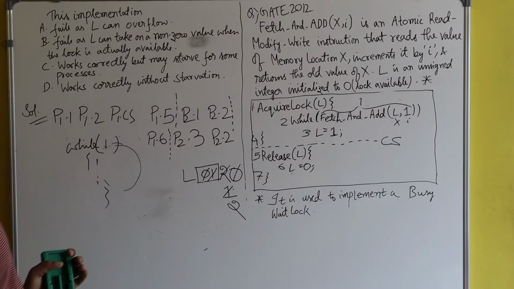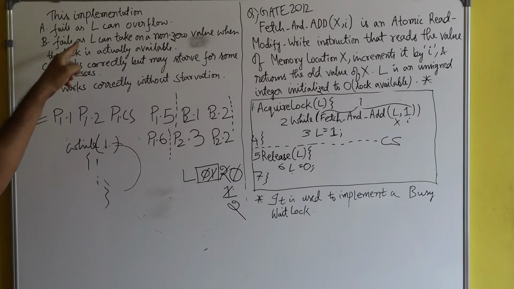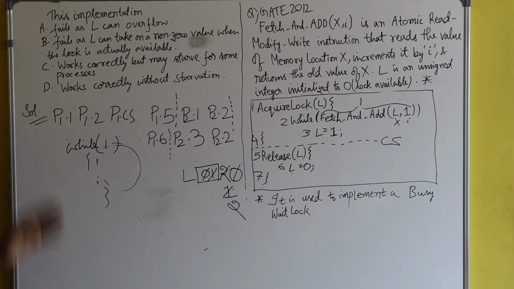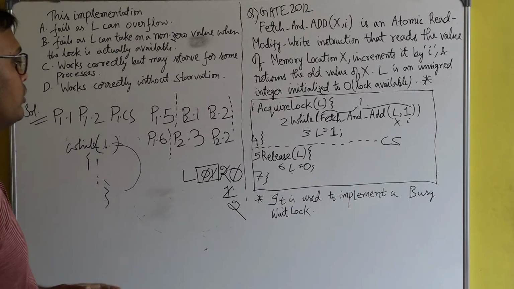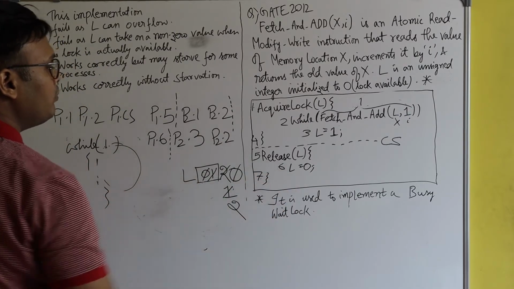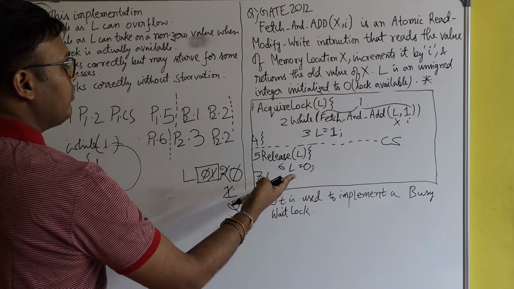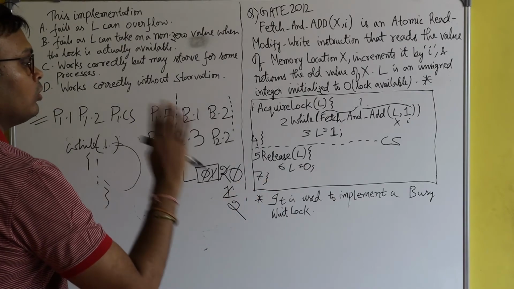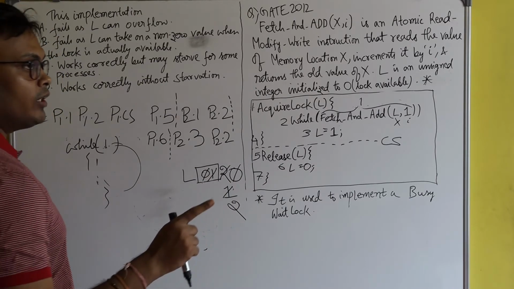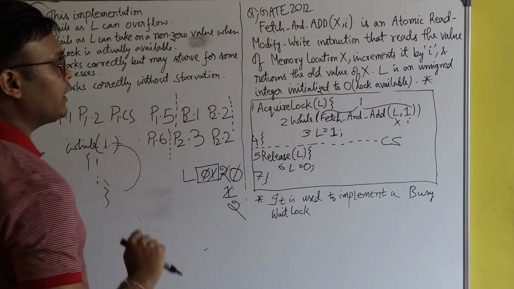Now you see option B. This implementation fails as L can take on a non-zero value when the lock is actually available. This statement is correct, because when P1 successfully executed line number 6, it means the lock was available. Even after the execution of line number 6, despite the lock being available, process P2 could not get entry inside the critical section.